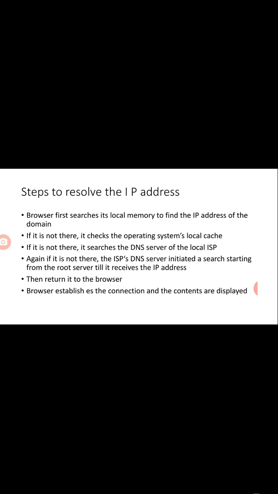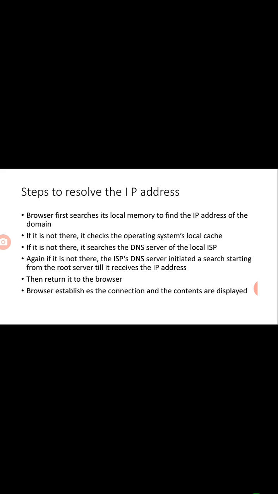Again, if the local internet service provider fails to give the corresponding IP address, the ISP's DNS server initiates a search starting from the root server till it receives the corresponding IP address. After receiving the corresponding IP address, it returns it to the browser. The browser establishes the connection and the contents are displayed.